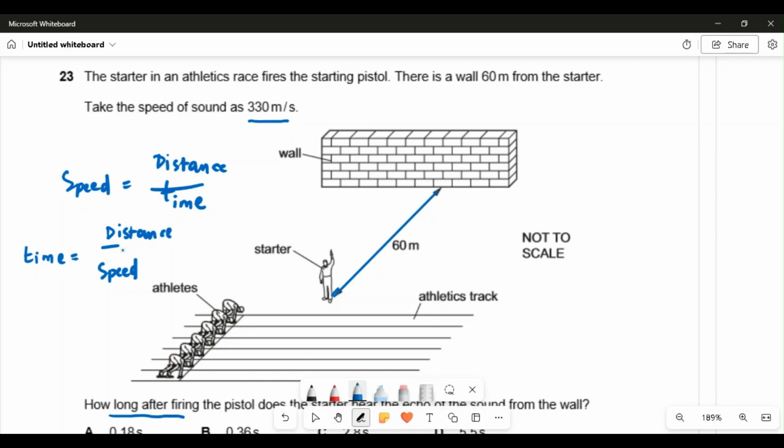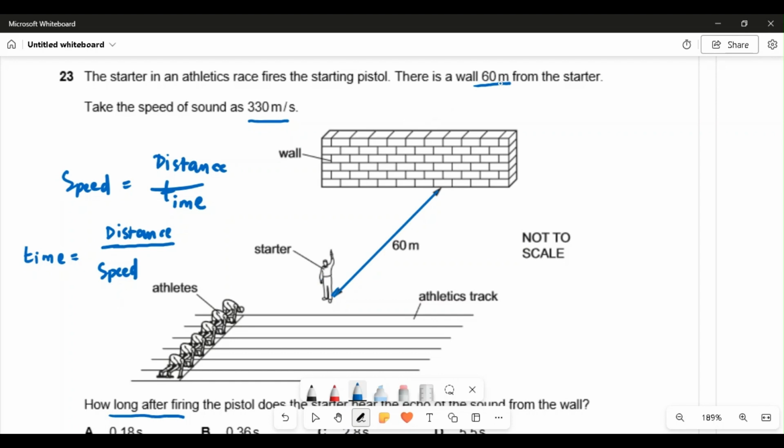Now, here is a very important thing. Speed is given as 330. Distance from the starter to the wall is 60 meter.